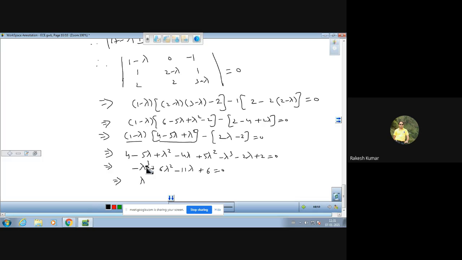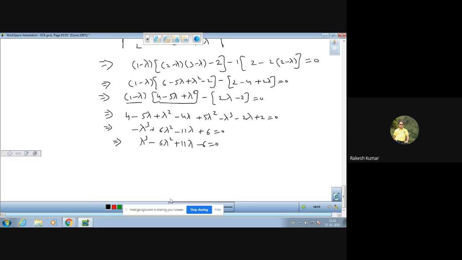So ultimately, multiplying by minus, lambda cube minus 6 lambda square plus 11 lambda minus 6 is equal to 0. So this is the cubic equation in lambda we have.